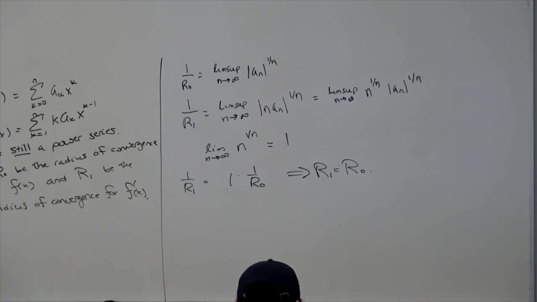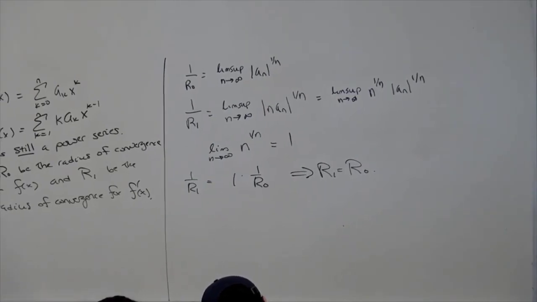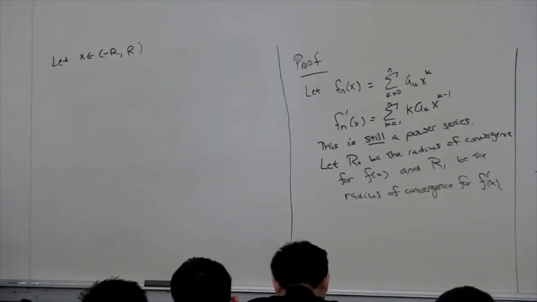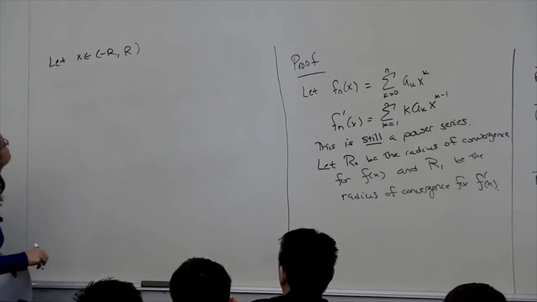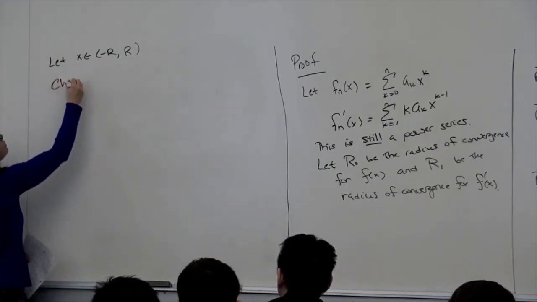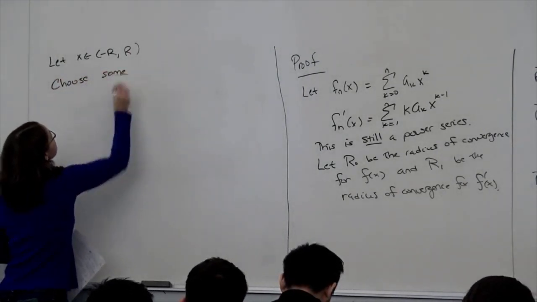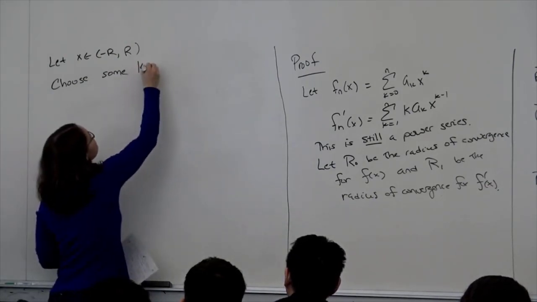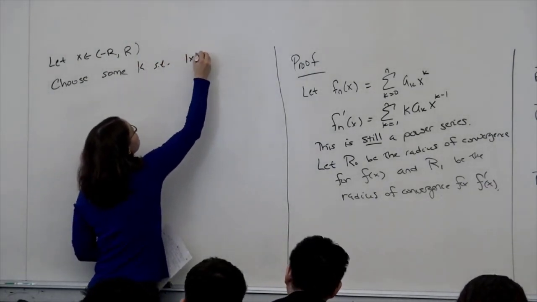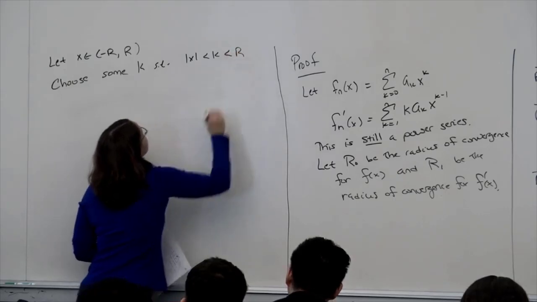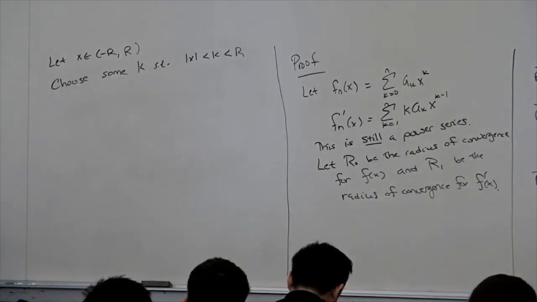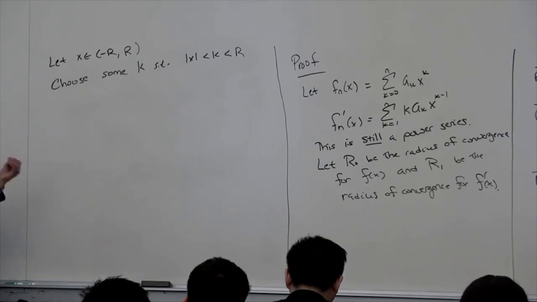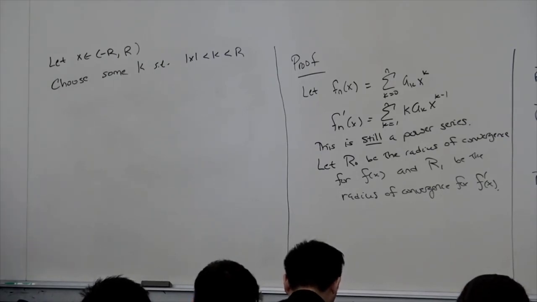So let's let x be any number that belongs to minus R to R. Okay, let's choose some value k that is between x and R. Right, we can always do that. x is less than R, so we can always find something in between these two things.